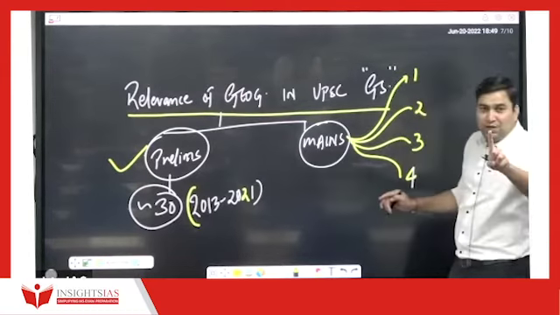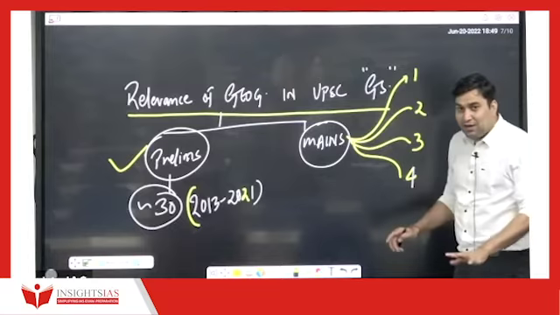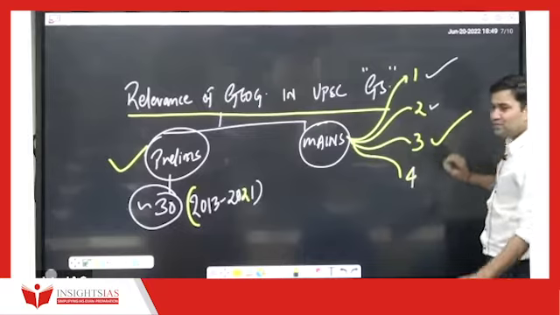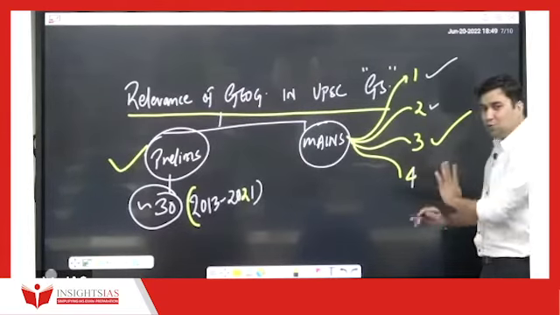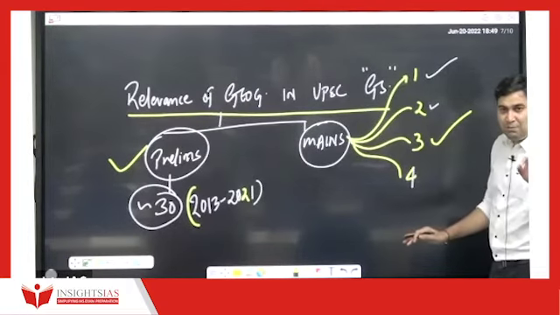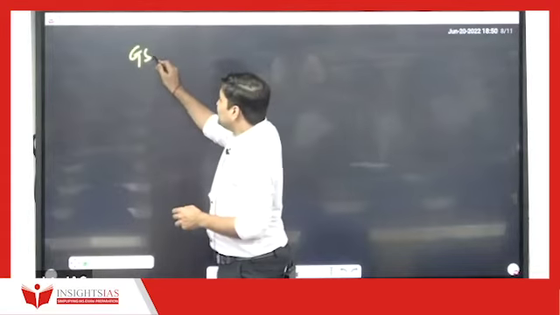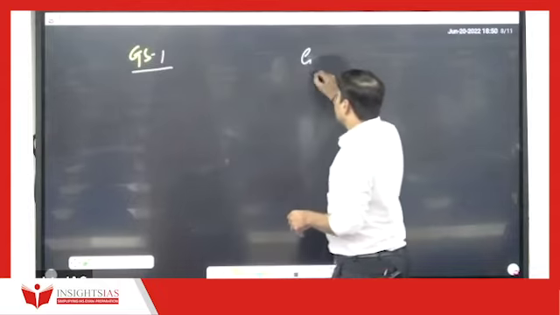मेंस कितने पेपर है? 1, 2, 3, 4. ज्योग्राफी का डायरेक्ट कोरिलेशन विद पेपर 1, 3 एंड थोड़ा सा पार्ट ऑफ GS2. GS4 में कम है. Now I am dealing with mains paper, GS paper 1 and GS paper 3.